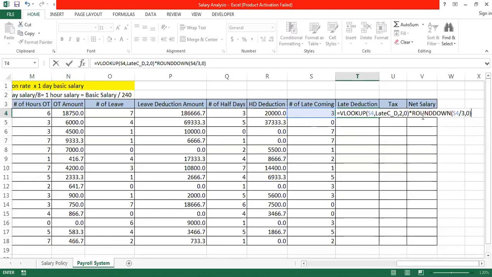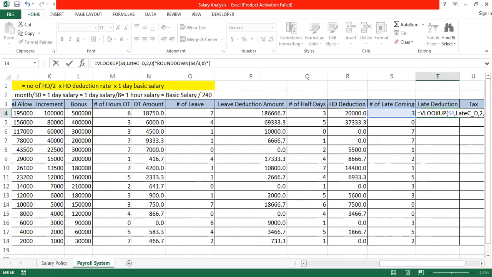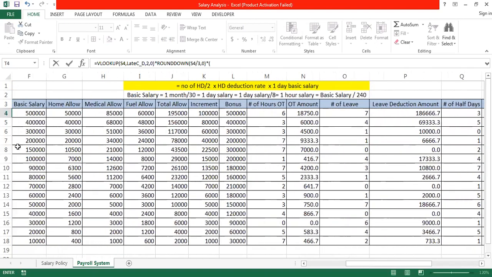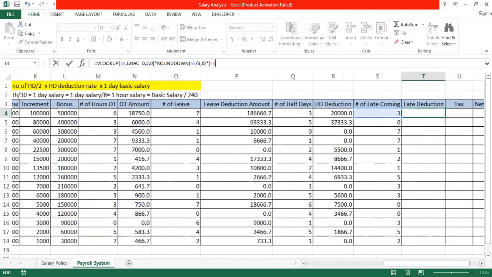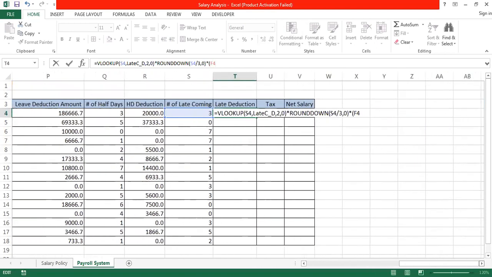Then after this I want to multiply it with per day basic salary so that I can deduct the salary. So what is my per day basic salary? Basic salary, you can see over here, divided by 30 will give us the per day basic salary.